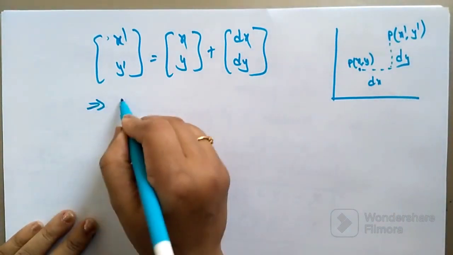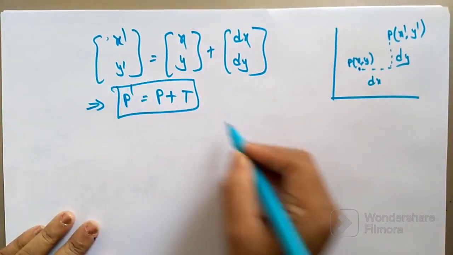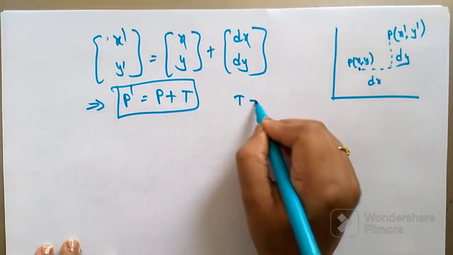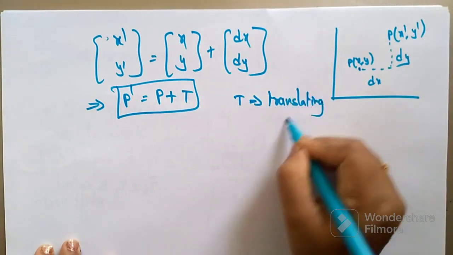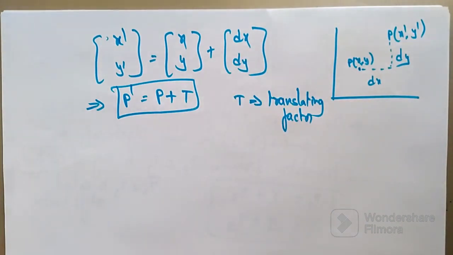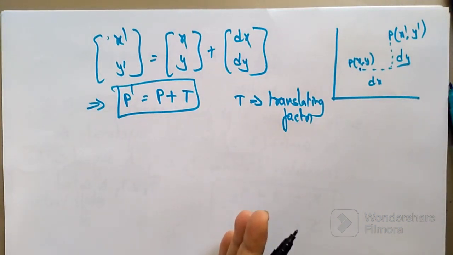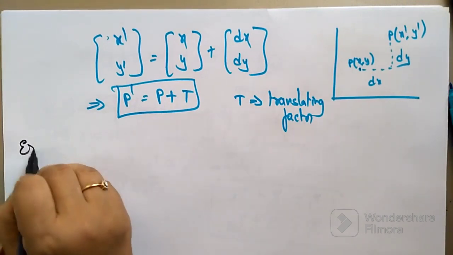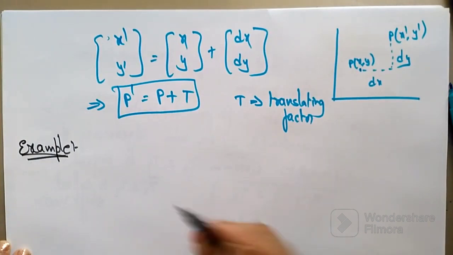So you can write the formula as P dash is equal to P plus T. So here T is nothing but the translating factor, and the dx and dy are along the x-axis and along the y-axis. So let me explain this translation transformation by taking one example, so that you will clearly understand what exactly the translation is.